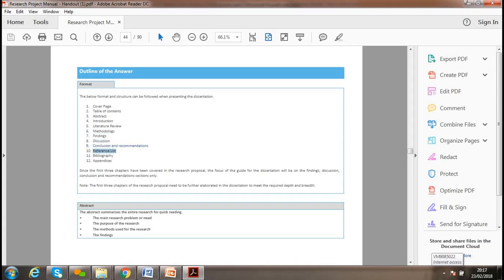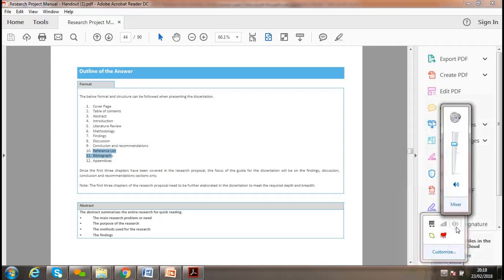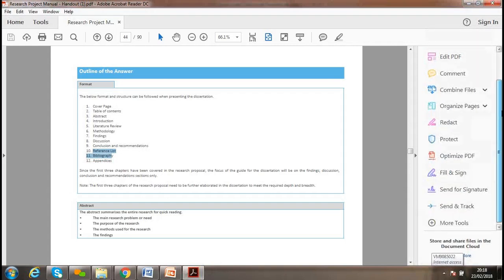Reference list, bibliographies. What is the difference between reference and bibliography, Umar? The reference list is from the sources provided by other people, authors, and the bibliography is about sources which we use from the bibliography of other people.